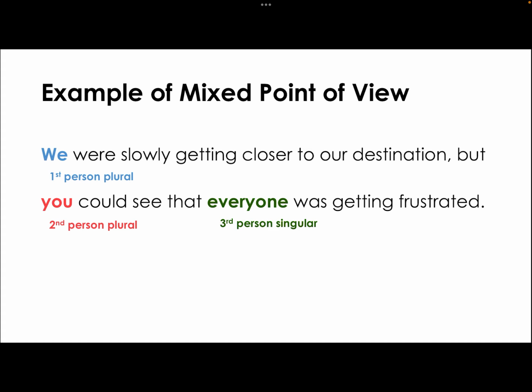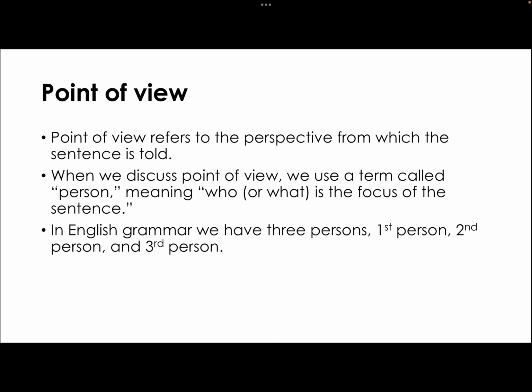And the third pronoun is everyone. It's third person singular. So as I said, the point of view refers to the perspective from which the sentence is told. So when we discuss point of view, we use a term called person, meaning who or what is the focus of the sentence.